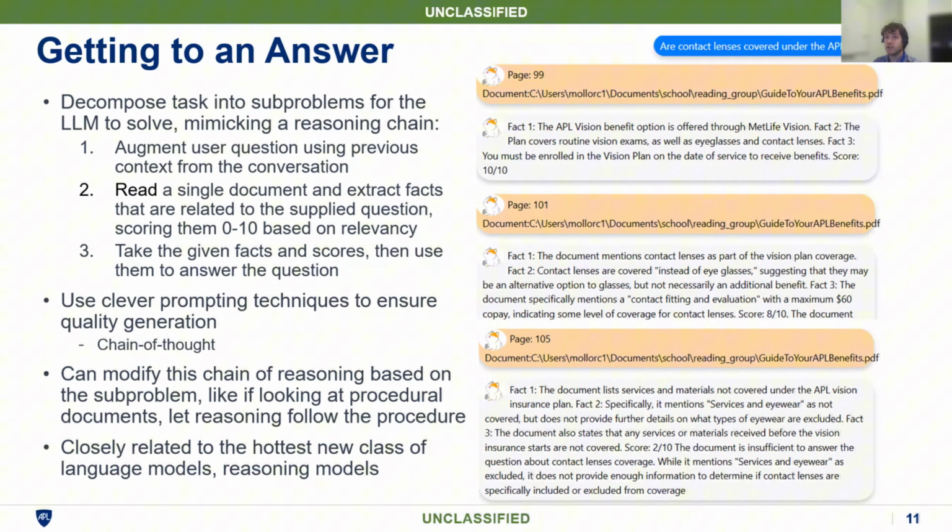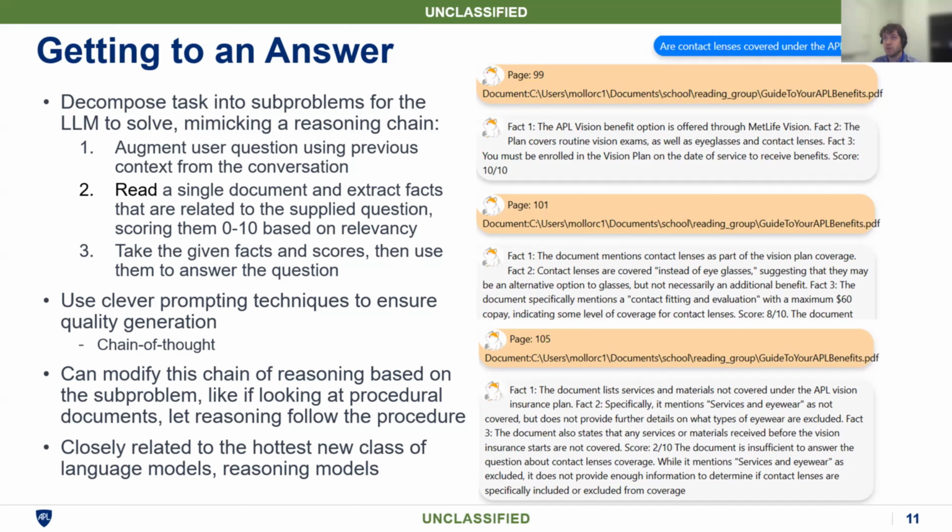But it really struggles, especially with more complicated questions, because it's just very hard for it to do complicated multi-step reasoning without explicitly building out a reasoning chain. If you're familiar with the reasoning models at all, this is the same intuition as those. They've just been trained to do this.